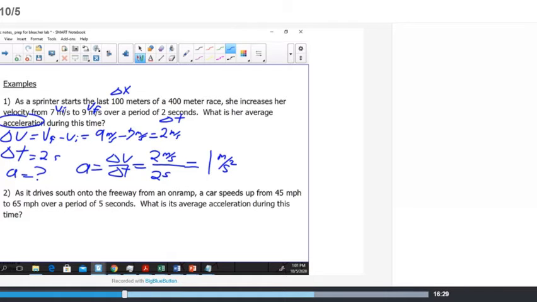What I'm hoping you see here is the same functional form that we saw for velocity. A equals B over C. Whatever you want to call A, whatever you want to call B, whatever you want to call C. So the math we're doing here is going to be the same thing we did with our velocities. Same thing, just a different symbol.